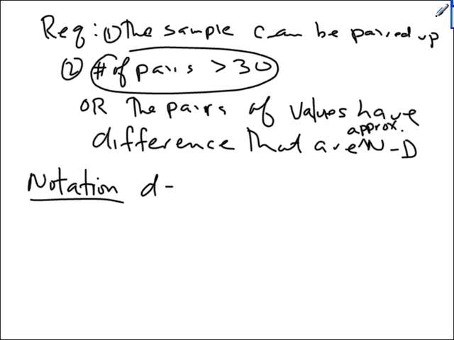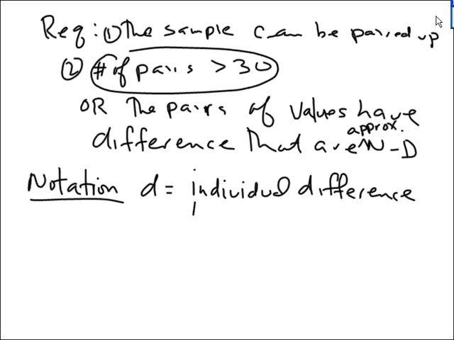D is the individual difference between a pair of data, between two values in a single pair.